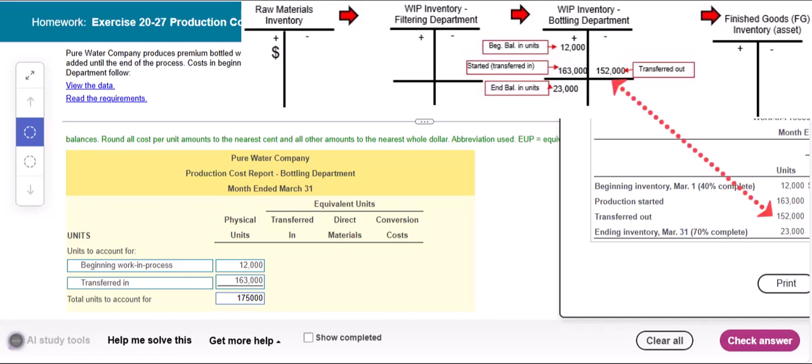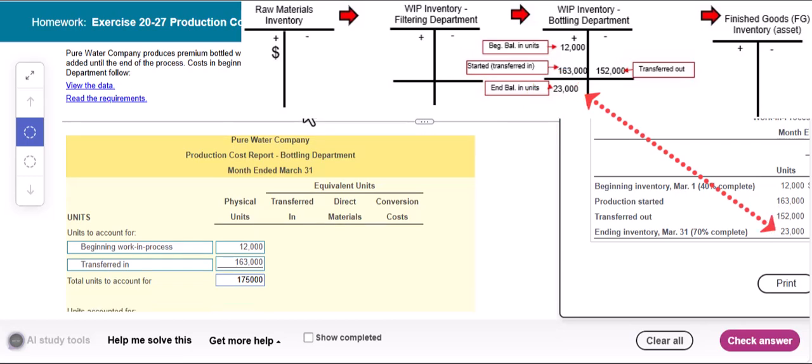So 152,000 units were bottled and transferred out to the finished goods inventory, which means of the 175,000, there are 23,000 units left in the work in process for the bottling department. That's given to us here also, and they are 70% complete. So unfinished, but 70% complete.